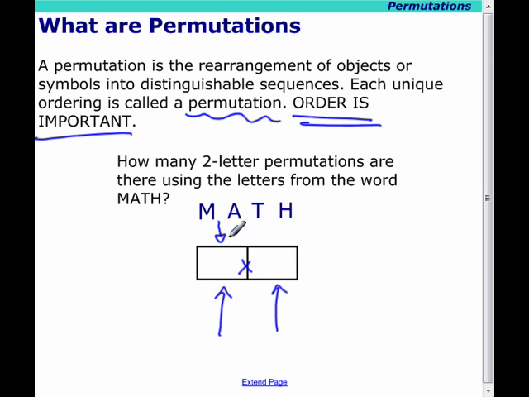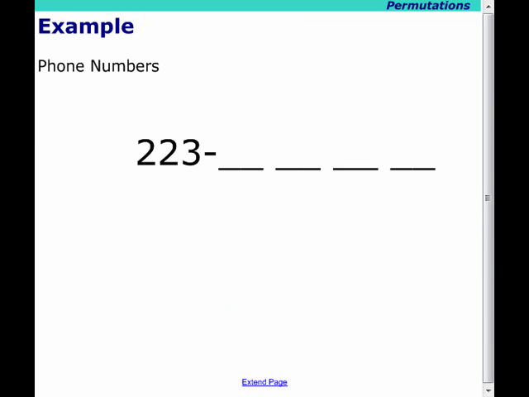So in this case, I have 4 letters from which to choose for the first slot. If I can't use a letter twice, then there will only be 3 letters to use for the next one. So 4 times 3, there would be 12 permutations of 2-letter arrangements using the letters from MATH.